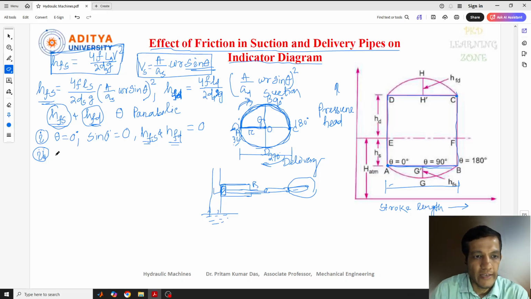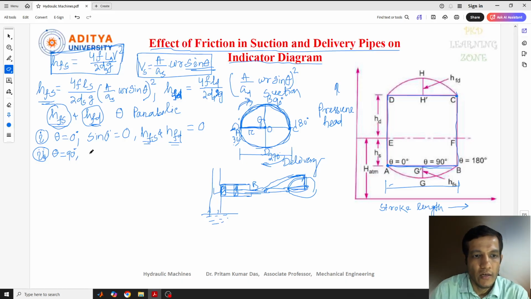Next condition: when theta equals 90 degree. Theta equal to 90 degree means at this position it is 0 degree. Now when it rotates to here, the crank will have rotated half of this, so obviously the piston will have moved up to this point. Half of the stroke is completed, and the connecting rod will be connected to the crank here, so the position will be like this.